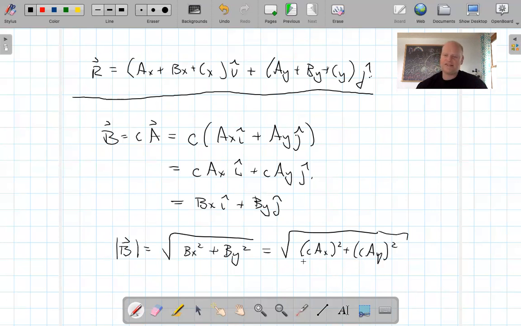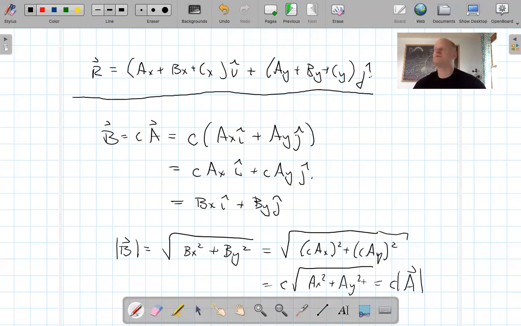So here I have a c squared, here I have a c squared, I can factor it out. So that's simply equal to c times the square root of ax squared plus ay squared, which is equal to c times the magnitude of vector a. So again, as we said before, the size of vector b is c times the size of whatever vector a was.